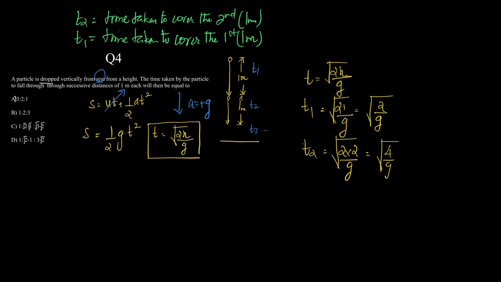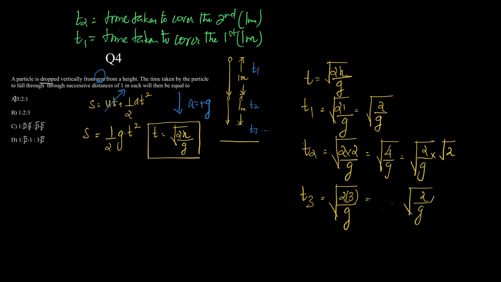What I'll do is I'll write it as root of 2 by g into root 2. T3 will be root of 2h by g, and what's the difference? H will be replaced by 3, and this time I'll write it separately as root of 2 by g into root of 3. Okay, we have these values now.